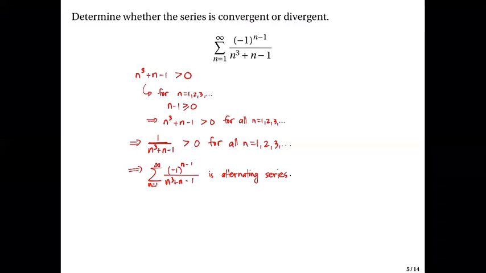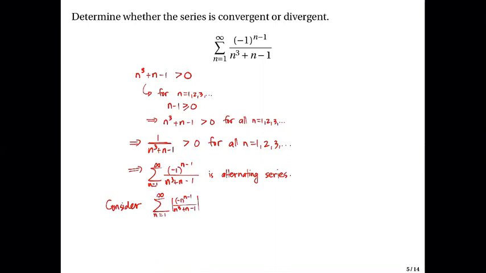But in order to determine whether this guy here is absolutely convergent or conditionally convergent, we have to consider the absolute values. So we now consider the series with the absolute values: -1 raised to n minus 1 over n cubed plus n minus 1, from 1 up to plus infinity.